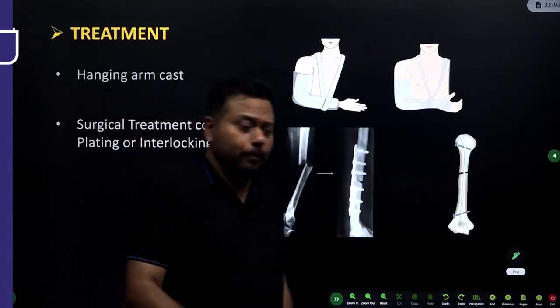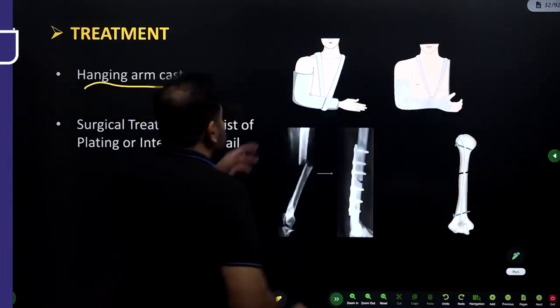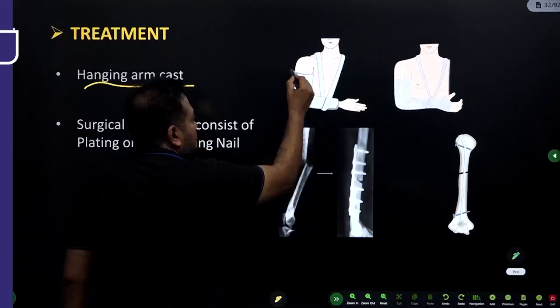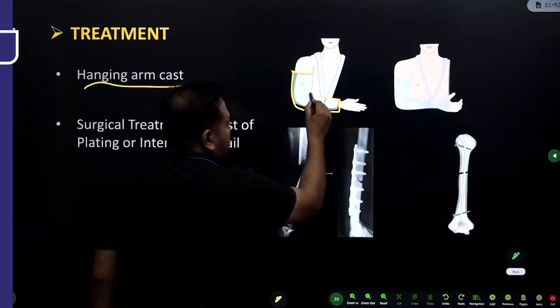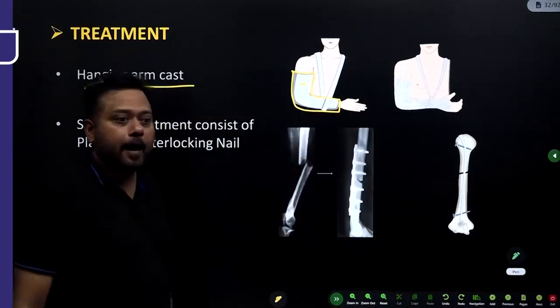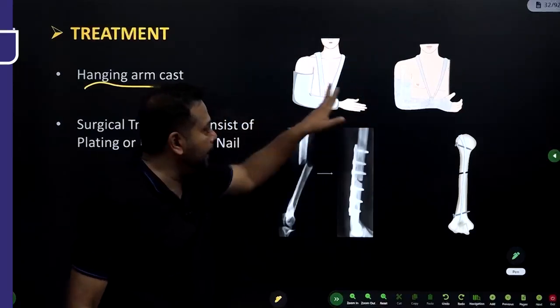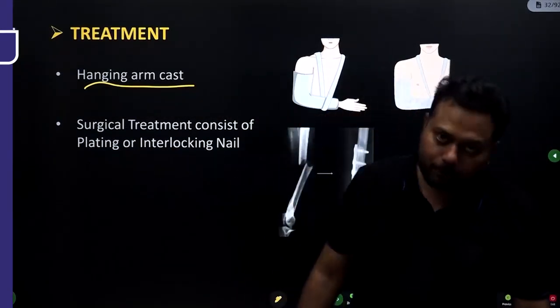If it is a shaft of humerus fracture, it's called a hanging arm cast. Look at this diagram. So the shaft fracture is somewhere here. At the level of insertion of the deltoid, I am starting a POP cast. It comes up to the wrist like this. That's called a hanging arm cast. That's the best conservative management for shaft of humerus fracture.